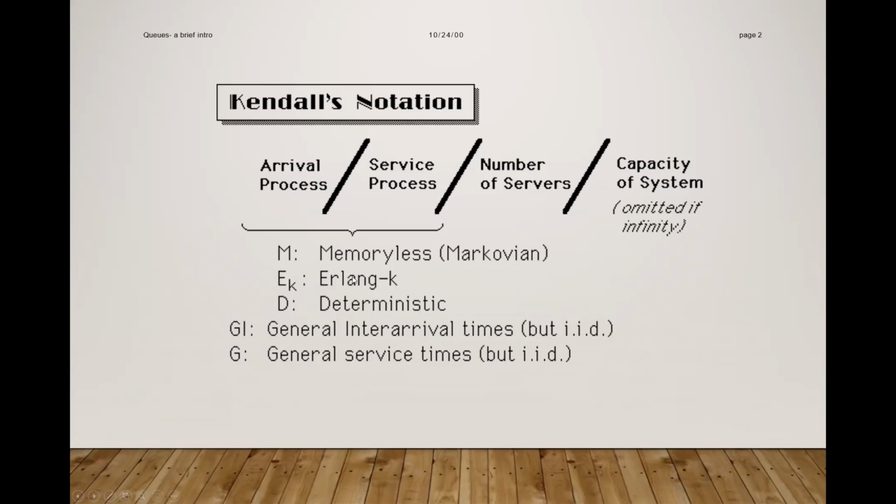So as you have learned, Erlang K is just the summation of inter-arrival times of exponential distributions. So if you want to sum k exponential distributions that are independent but identically distributed exponential, then that is Erlang.